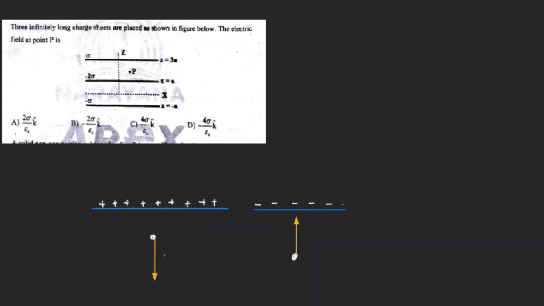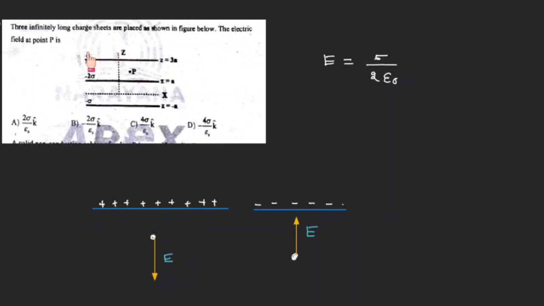So this electric field is away from the charged body, and this electric field is towards the charged body. And one more thing you need to keep in mind here: the electric field due to a charged sheet is E equal to sigma by 2 epsilon naught. That is the formula for this, right?